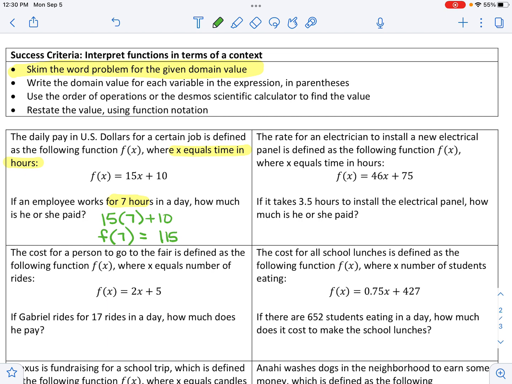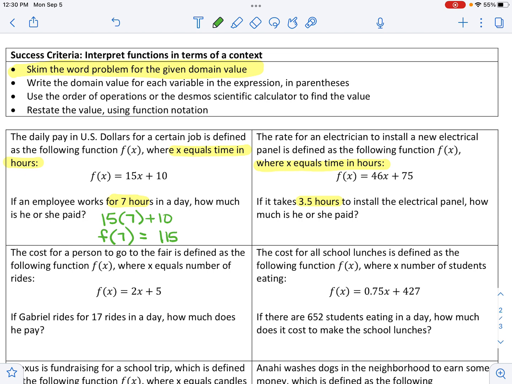So again, all you're doing is skimming the word problem until you find the given domain value. So f of x, where x equals the time in hours. So we're looking at 3.5 hours.